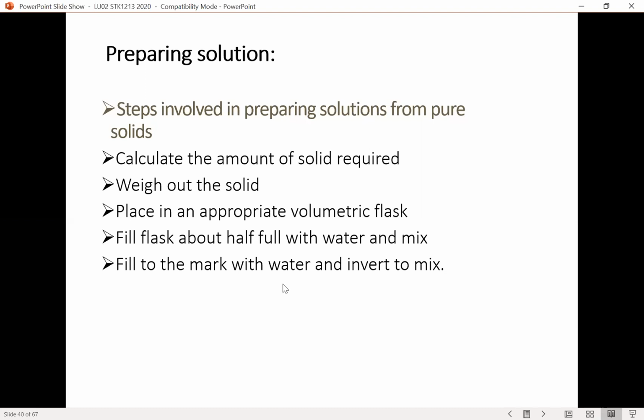When you have placed the solid in the volumetric flask, you fill the flask half full of water and mix until the solute dissolves in the solvent. And then when that has happened, you fill the flask up to the mark with water and invert the volumetric flask to mix them.